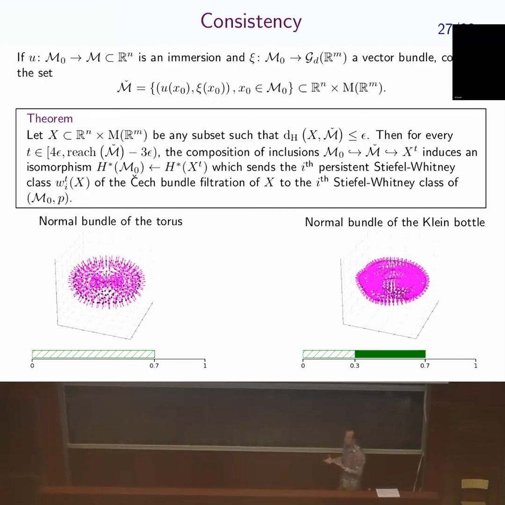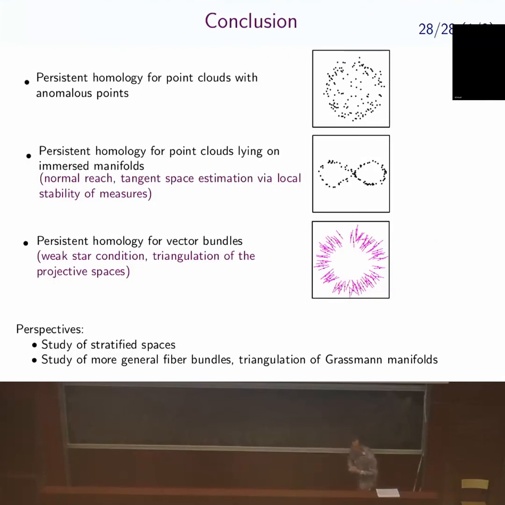These stability and consistency results certify that we can apply this method in practice, and we can be sure to obtain informative homological information. So I presented to you my three works that are connected, as you've seen.